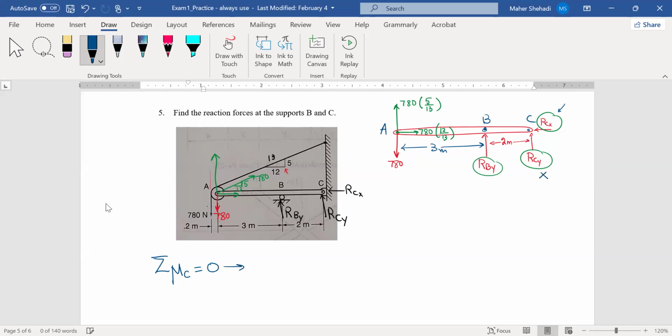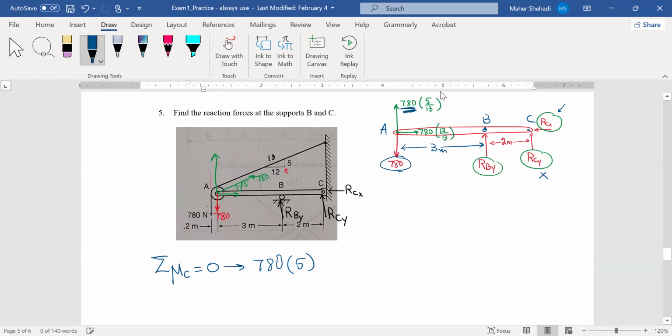That means RCY is going to disappear from my equation. If you want to reduce the number of forces here, I can say I'm going to have 780 times 8 over 13 going down, or just keep both if it's going to make some confusion for you, and then take only one moment. We'll start from the left. It's going to be 780, that's the full, this one, times 5.